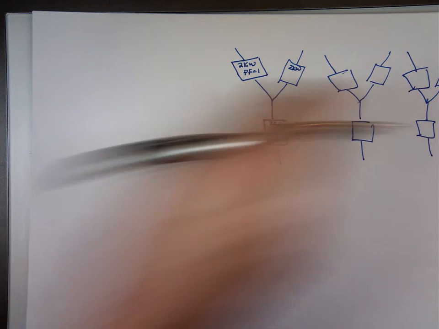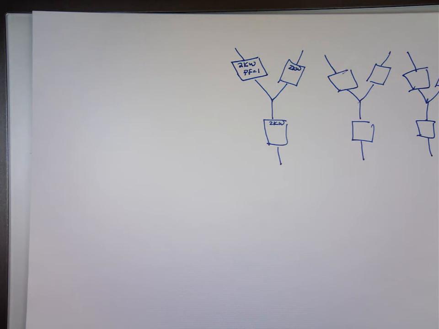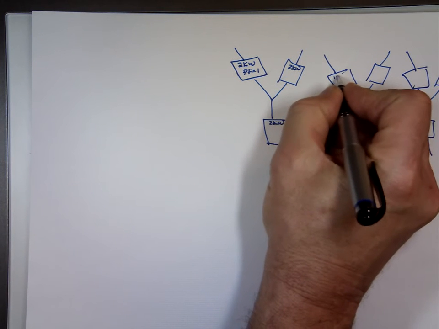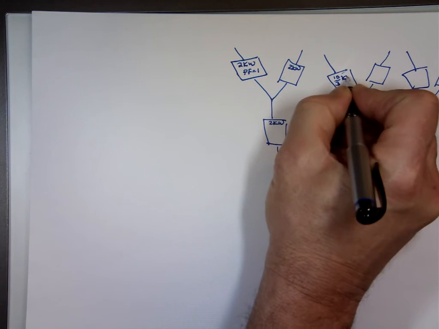Load 2, the second one, 10 kVA. That means each one is going to be what, 10 over 3, 10 over 3 kVA.